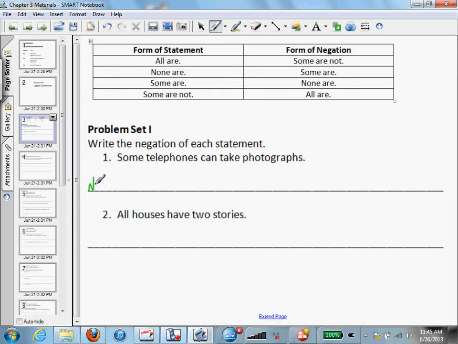One way you could do it is to say no telephones can take photographs. And you have to ask yourself now, is this statement true or false? This statement is false because there are some telephones that can take pictures.